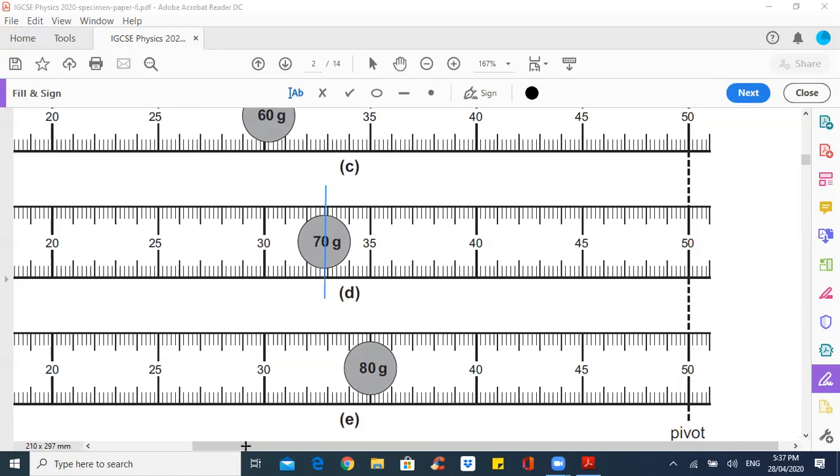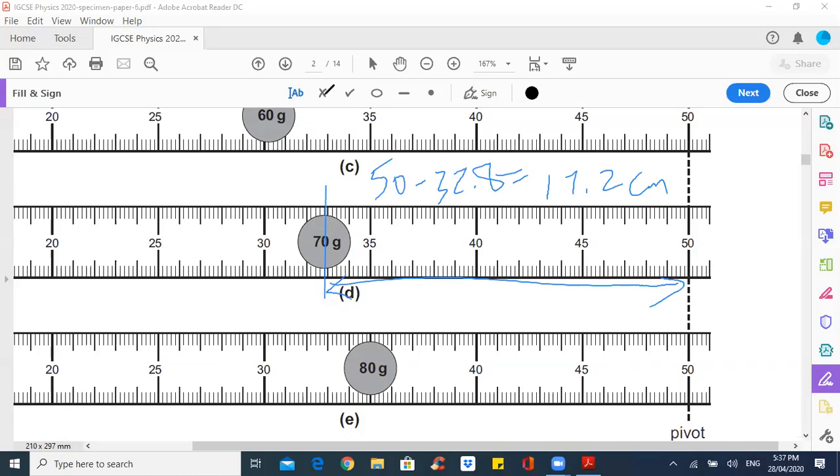So you're going to be 50 minus 32.8. So your whole distance between here to here is actually 50 minus 32.8, which is actually 17.2 centimeters.